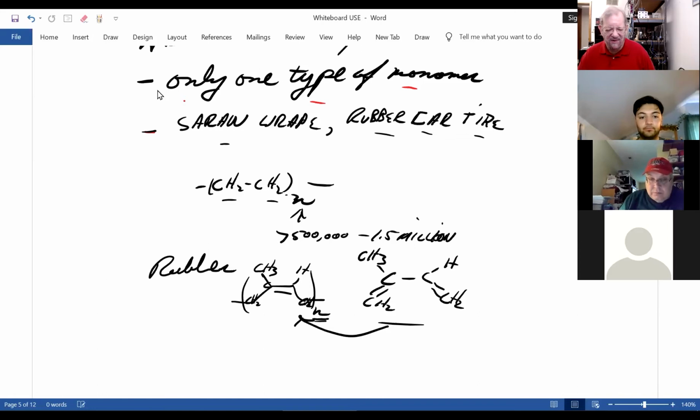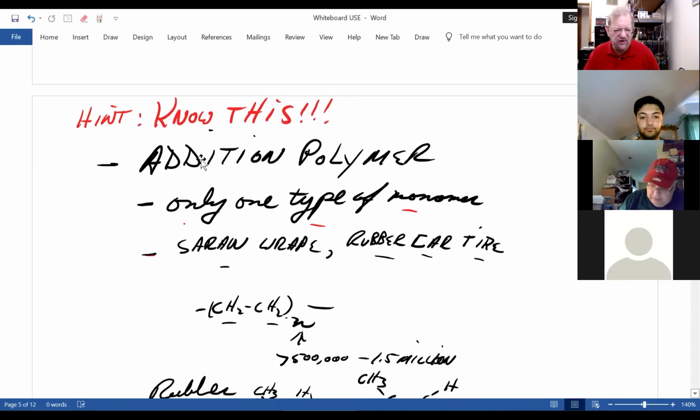And here in rubber, n is on the order of about 500,000 to 1 million. That's an addition polymer, one type of monomer. You should know examples of addition polymers: Saran Wrap or rubber, like in a rubber car tire.